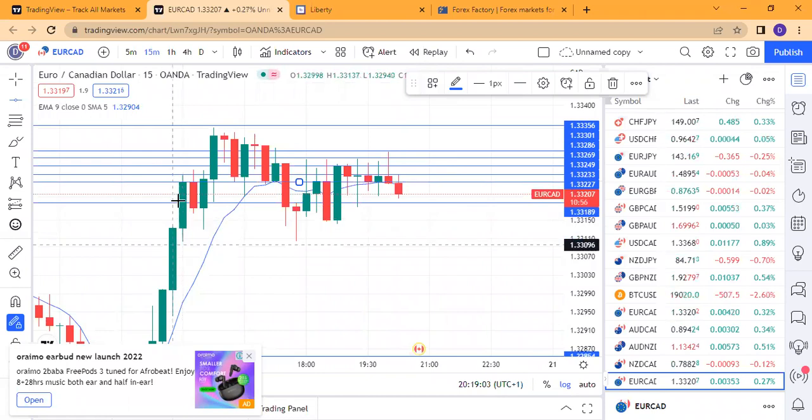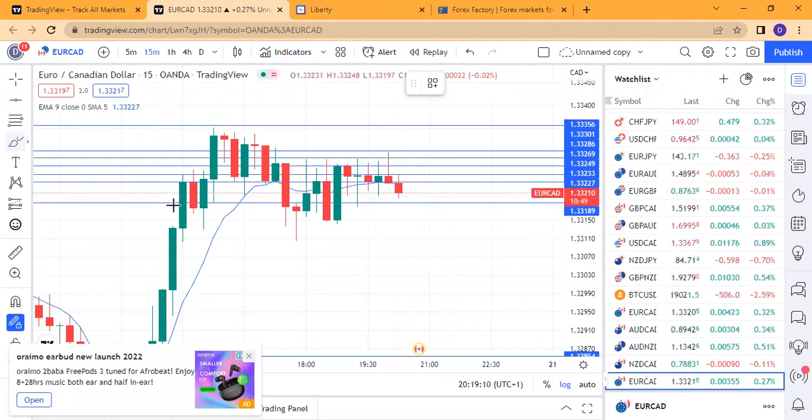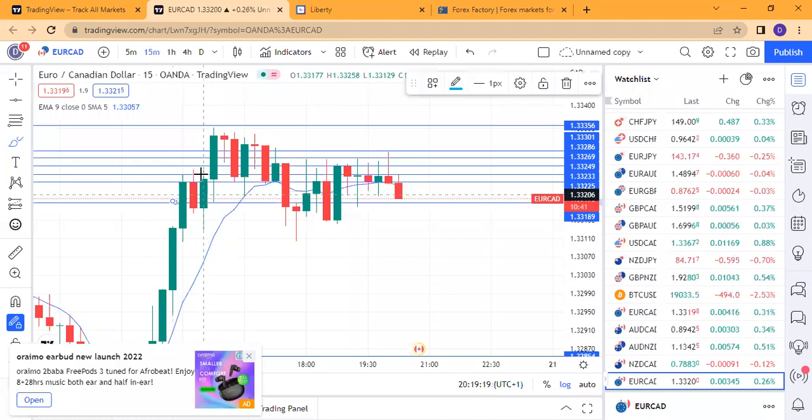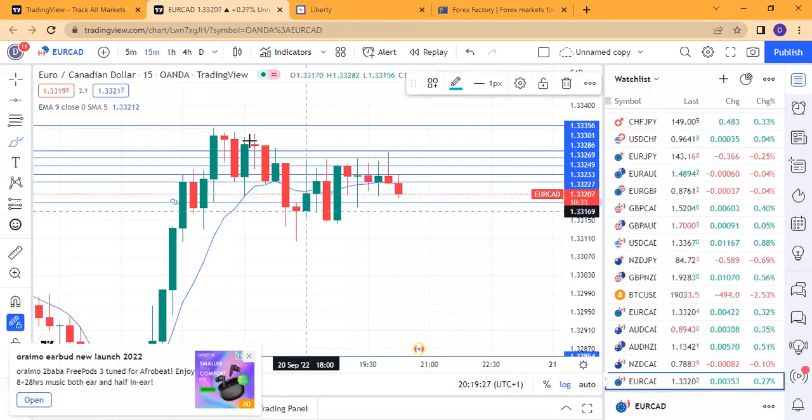Now this market, this zone was a roof. The market broke it, came back, retested, and sold. Now look, it also came back, sold.